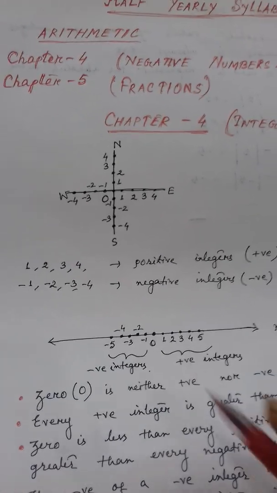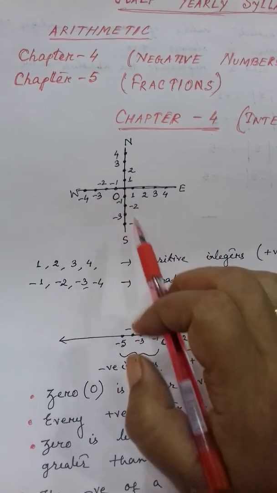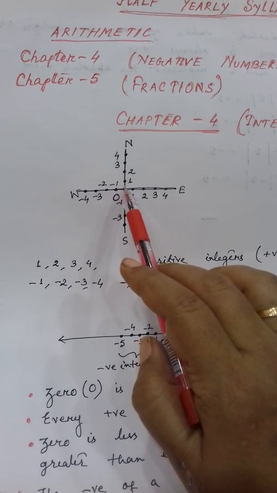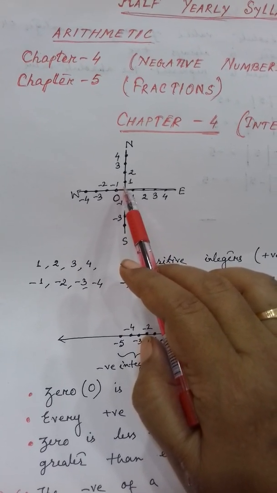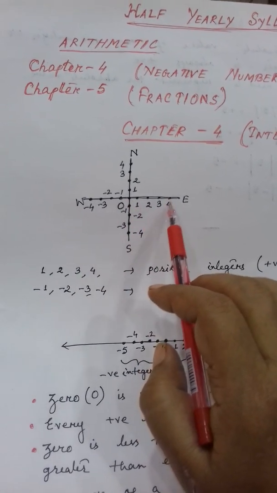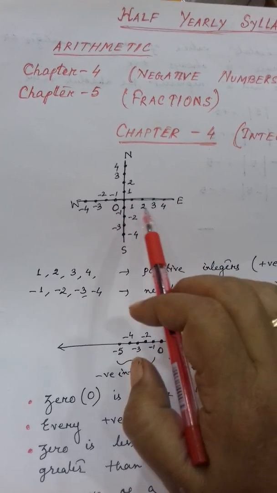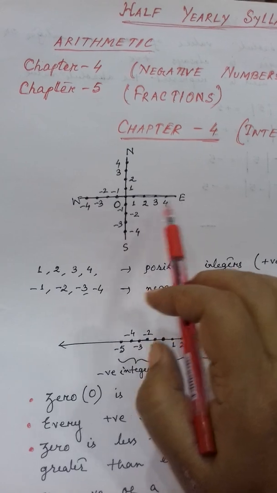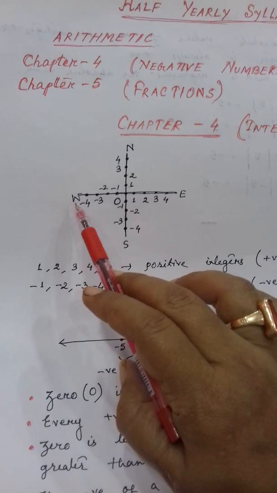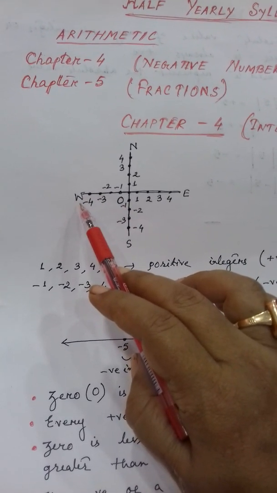Clear? Now suppose this is one diagram I have drawn. It has 4 directions: north, south, east, west. Now suppose this is the starting point O, or you can say 0. If you move towards the right side from O, towards east, you will consider this side as positive, and if you move towards west from O, you will consider this side as negative.